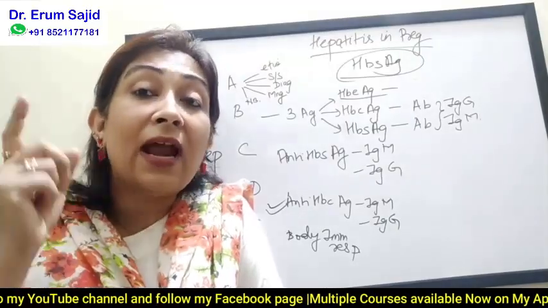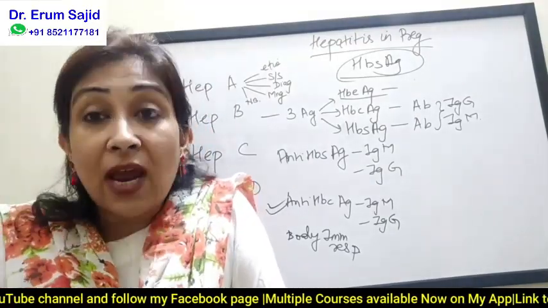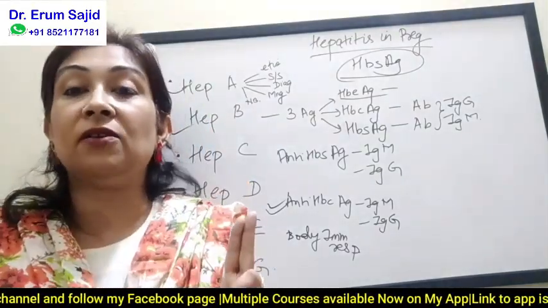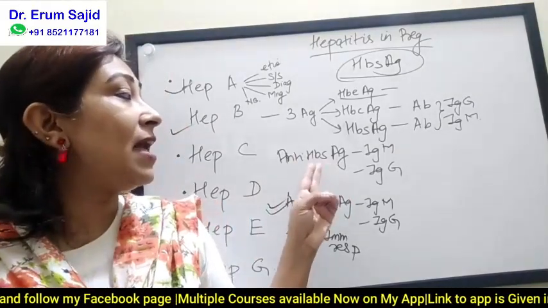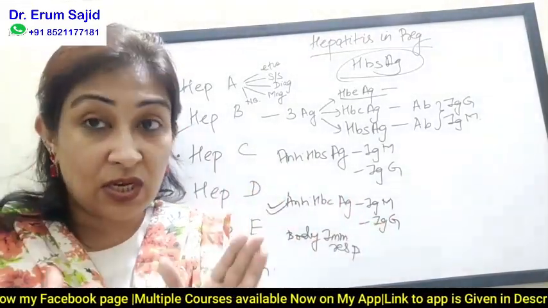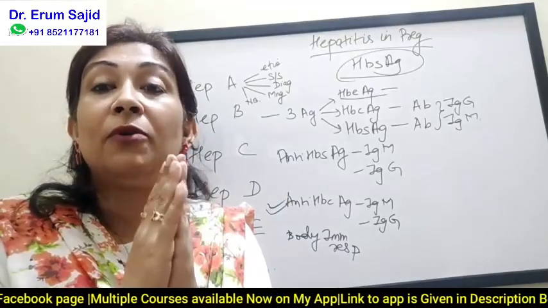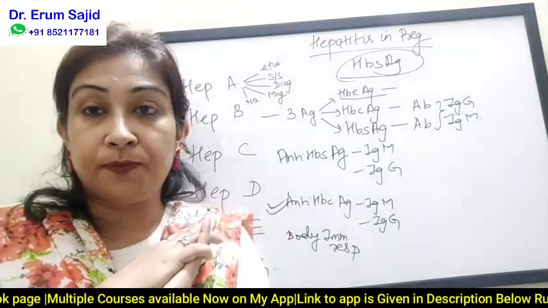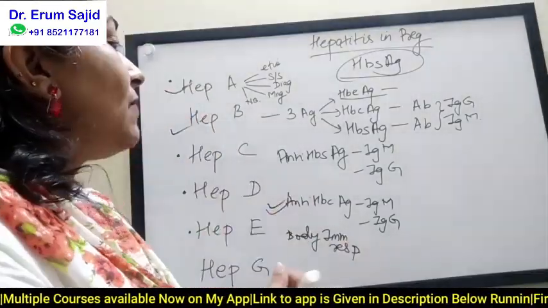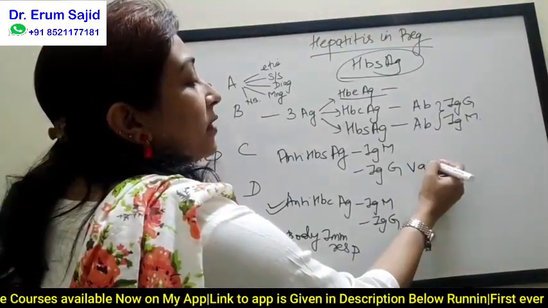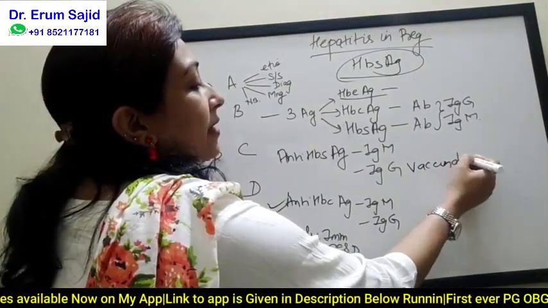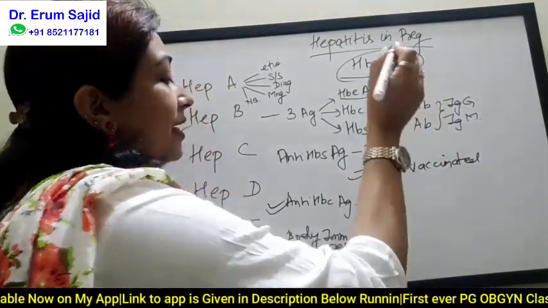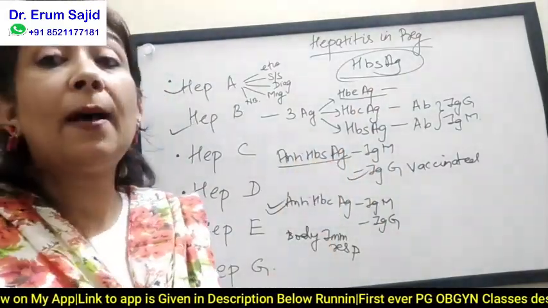But that means anti-HBs IgG antibodies are non-specific, because anti-HBs IgG antibodies are also produced after vaccination. So if a person is vaccinated, this titer of anti-HBs IgG will come positive.